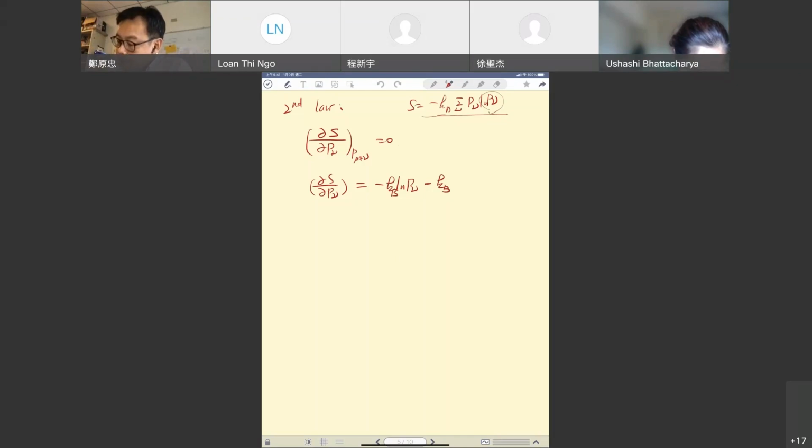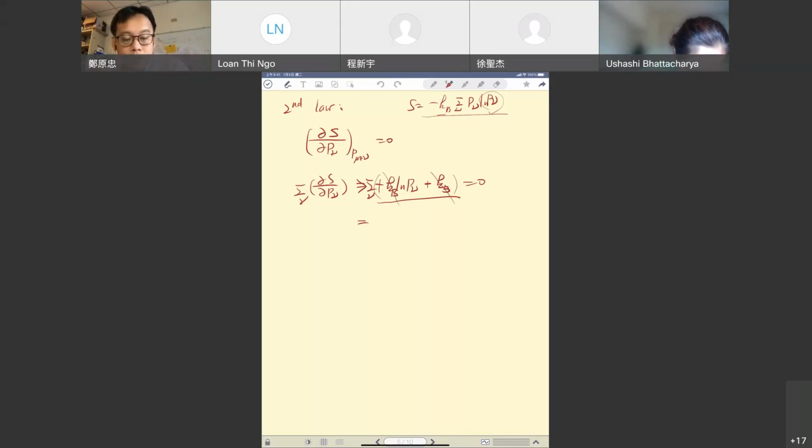And this should be 0. And this is only a single term. If we sum over all the terms, the sum over everything is 0. So we can just neglect the minus sign, and we can as well get rid of this constant.